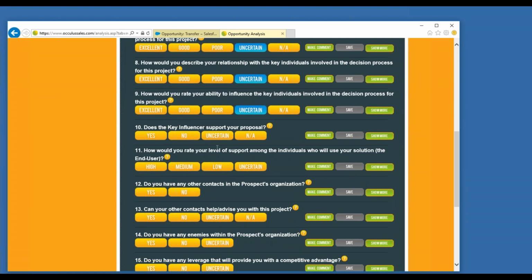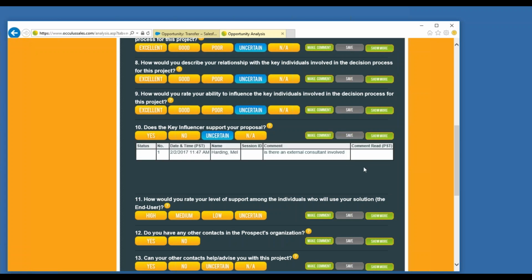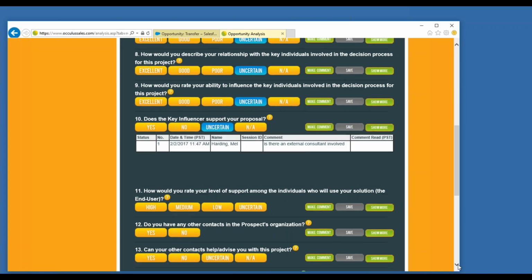Well, I'm not sure if there is an internal and external person. So for this, I'm just going to answer uncertain at this point in time and go back to the point of whether there is an external consultant. So I'll determine that and find out if Linda is really the right person.